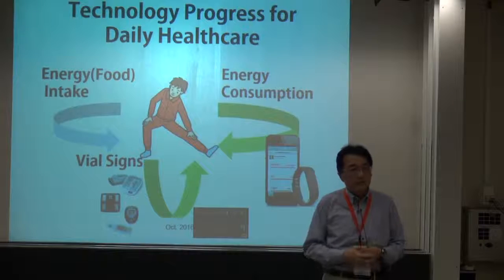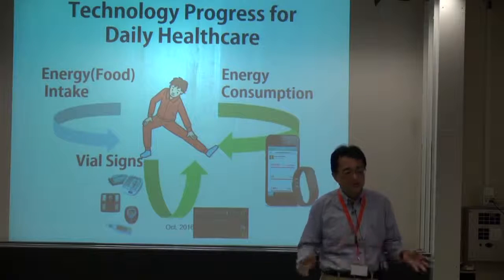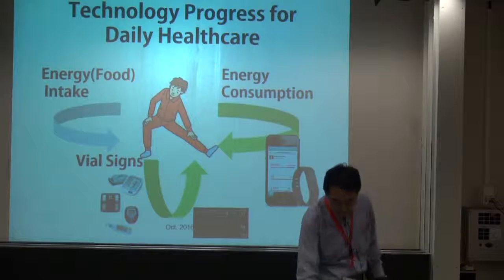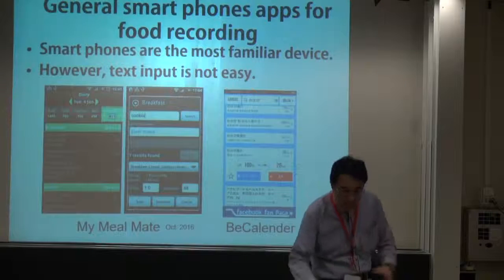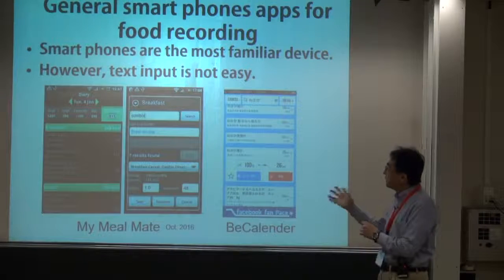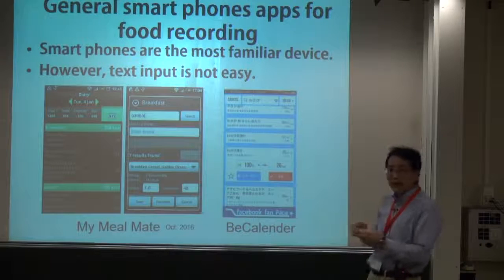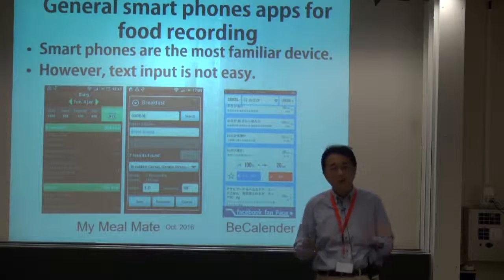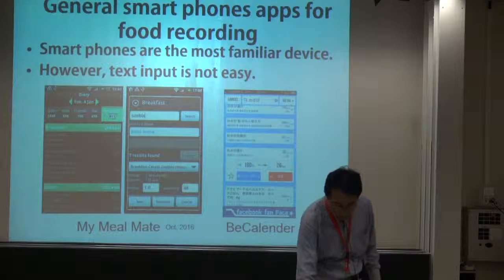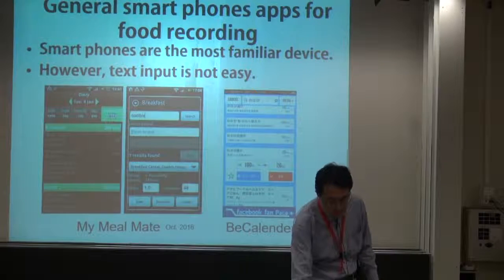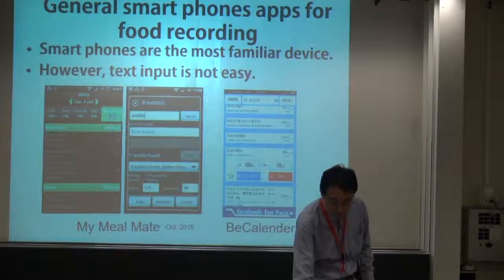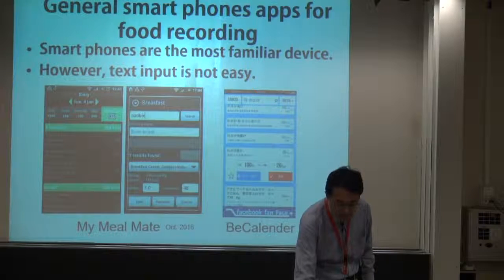Because of many reasons, the food has a lot of variation. That is the reason. Well, the smartphone appeared, and most are text input, typing text, and then we have food journaling. That is the conventional food recording tool using smartphone apps.